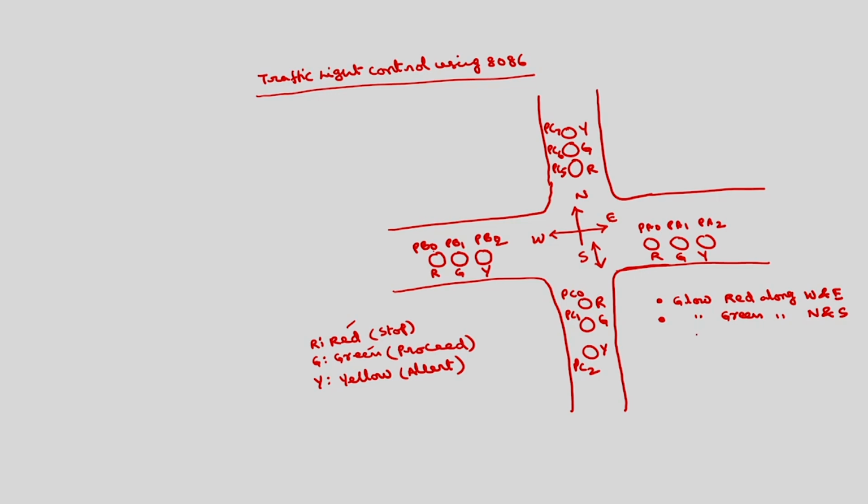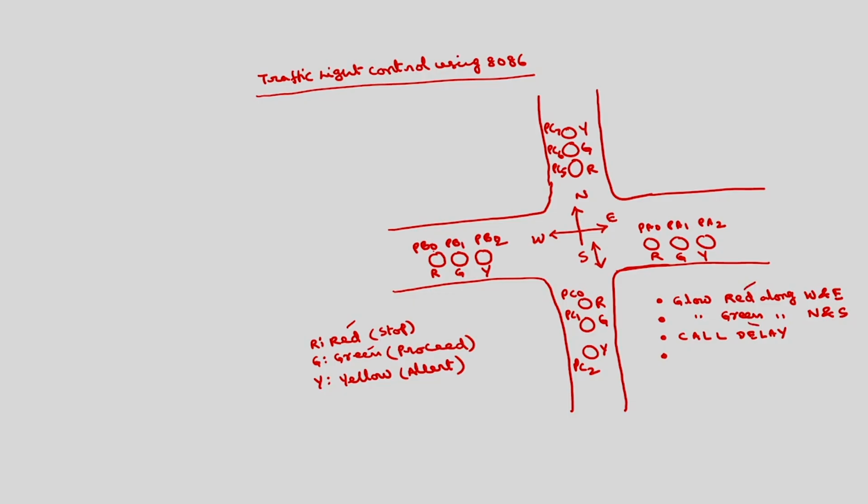Then you allow some time, called delay. This delay depends upon the traffic condition, the density of the traffic and so on. Then I want to change the condition now. I want to make this red to green, this green to red.